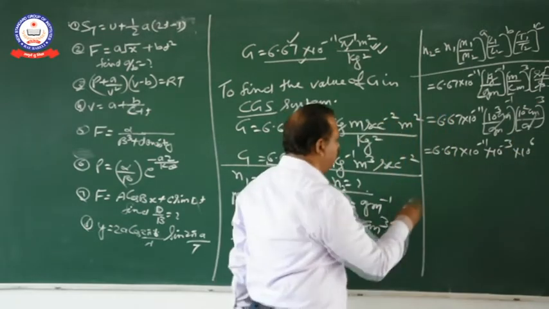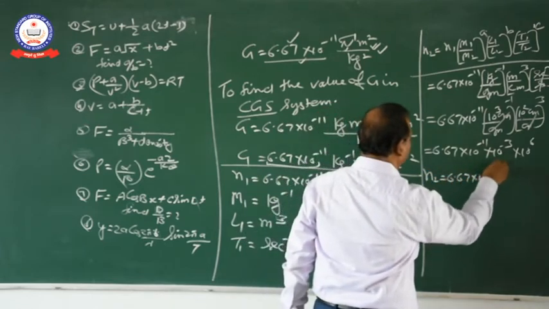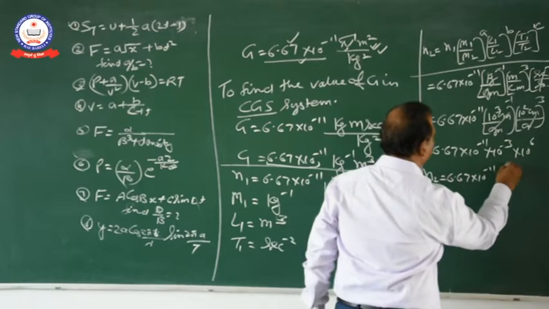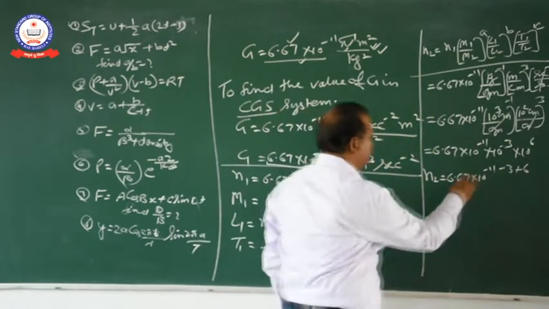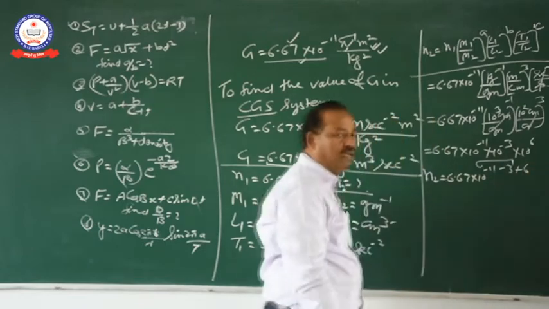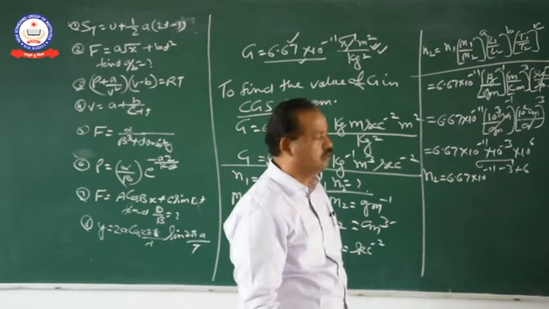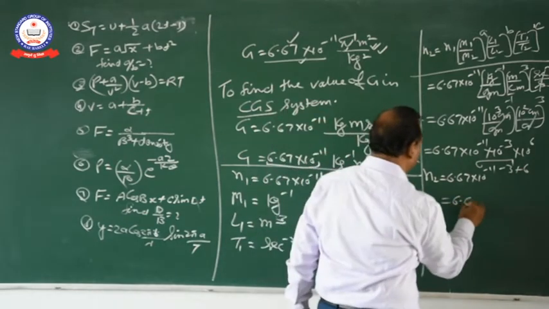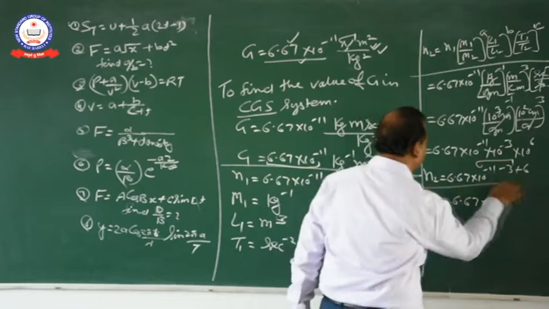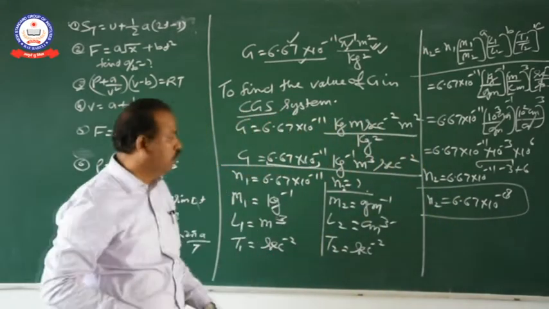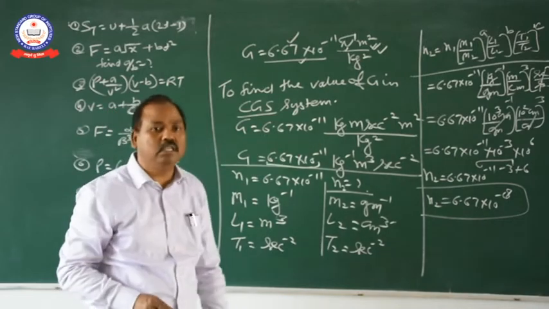Okay? So N2 is equal to 6.67 into 10 raised to power minus 11 minus 3 plus 6, that is minus 14 plus 6, giving 6.67 into 10 raised to power minus 8. This is the numerical value of capital G in CGS system.